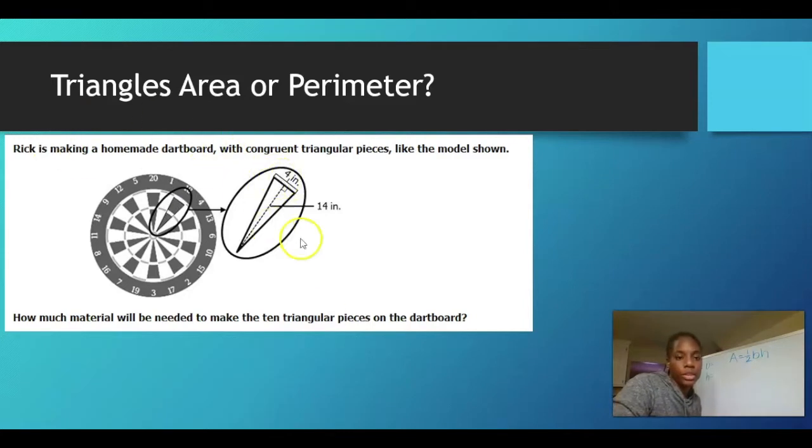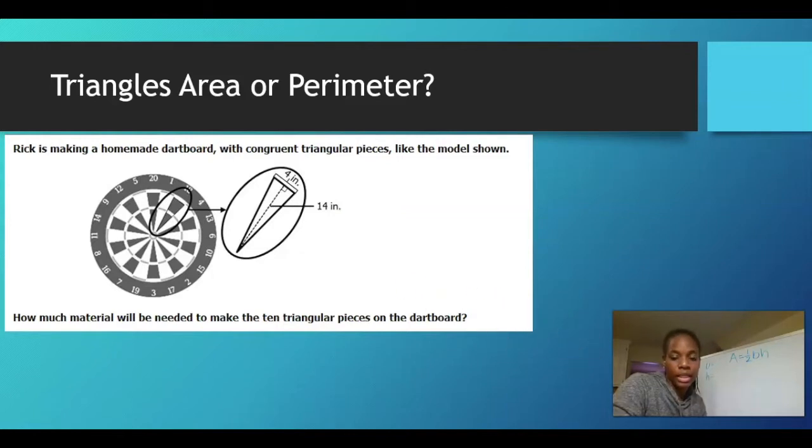So we will use the numbers from this particular triangle here, and then we'll also have to multiply that by 10 because they want to know the information for all 10. So when we're reading these problems, we want to make sure that we're answering the question in its entirety. Congruent just means that the shapes are the same exact shape and the same exact size.